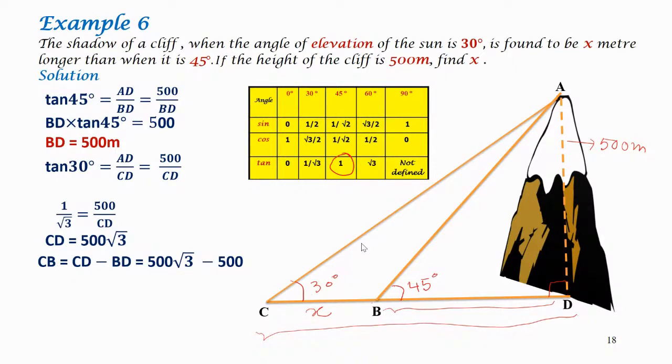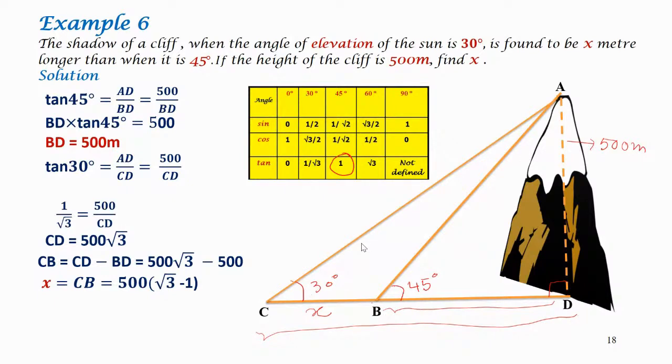I need to find out x. x is CB or BC, whatever you want to say, and that is CD minus BD. So 500 root 3 minus 500. What is x equal to? CB equals, I take 500 common. You can multiply and then subtract, but these are the easier methods I'm showing.